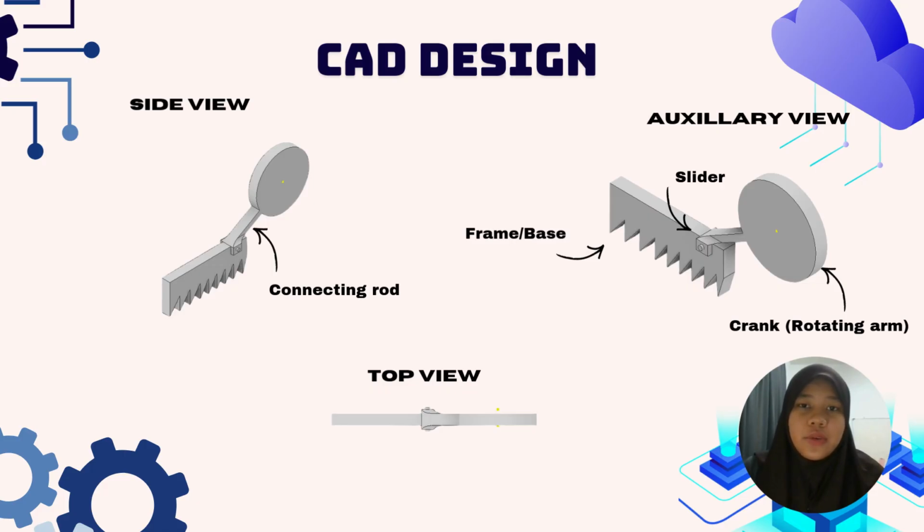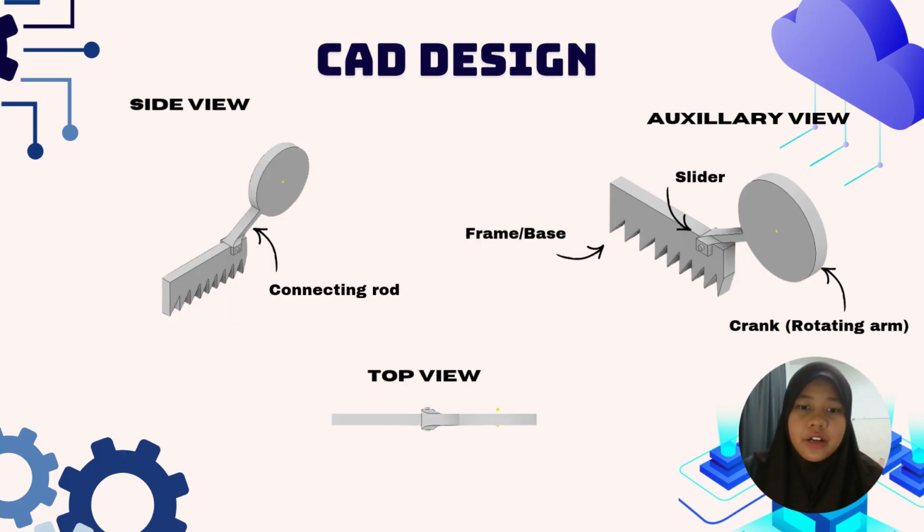Next we have the slider, a linearly guided part that moves back and forth along a fixed path. This component carries the saw blade and performs the cutting actions. Lastly, we have the frame or base, a stationary support that secures all components in proper alignment. It houses the crankshaft and provides a guide for the slider's linear motion.